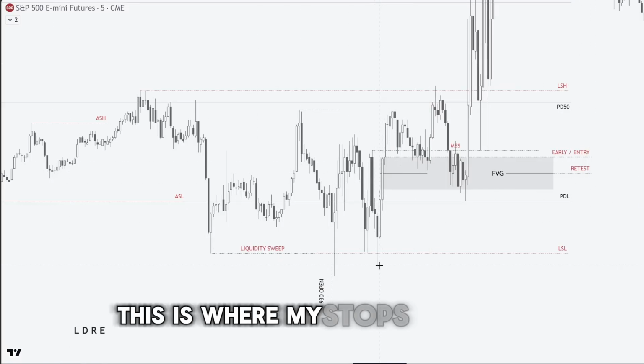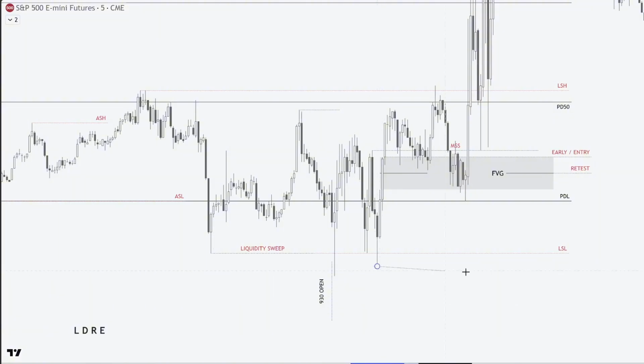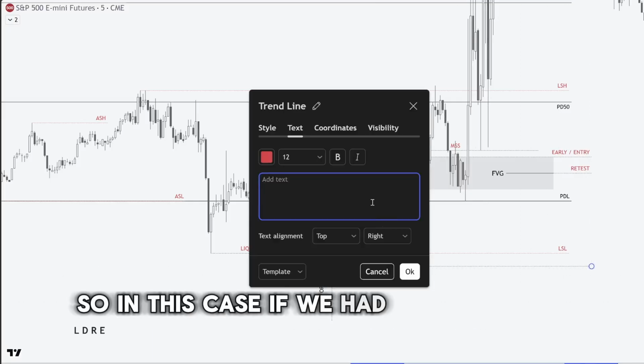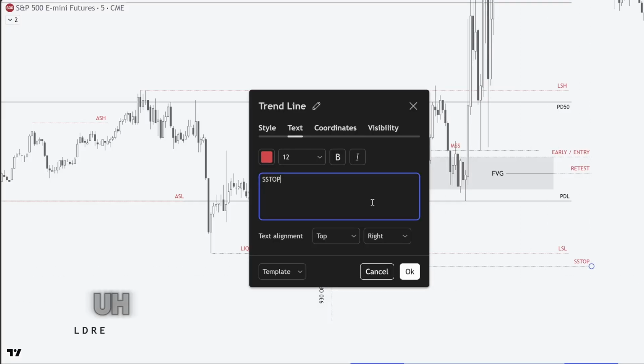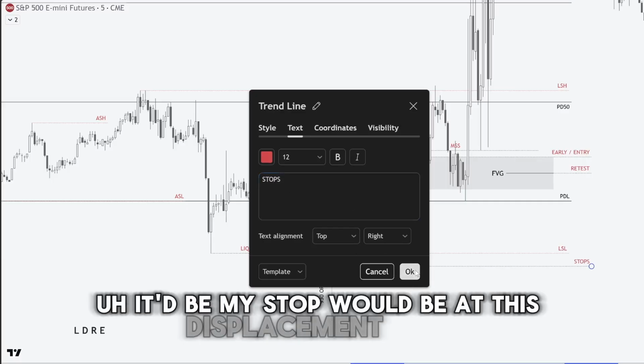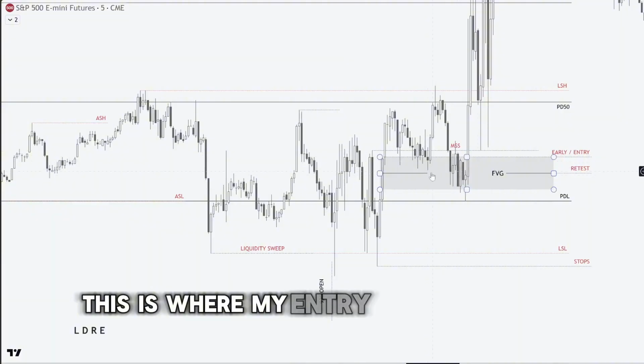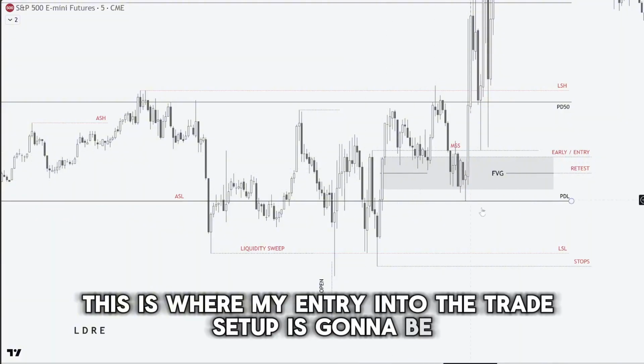This is where my stops would be, because this is displacement. So in this case, if we had many failure swings, my stop would be at this market level. So in this fair value gap, this is where my entry into the trade setup is going to be.